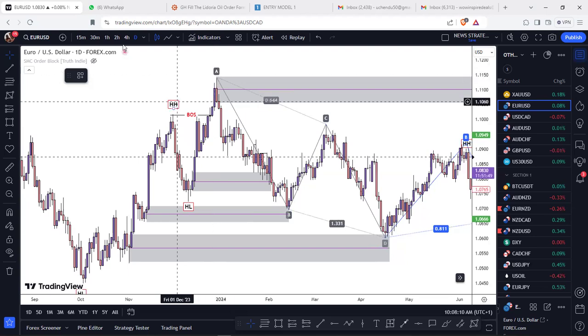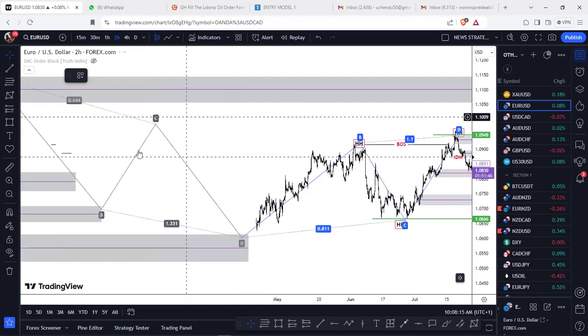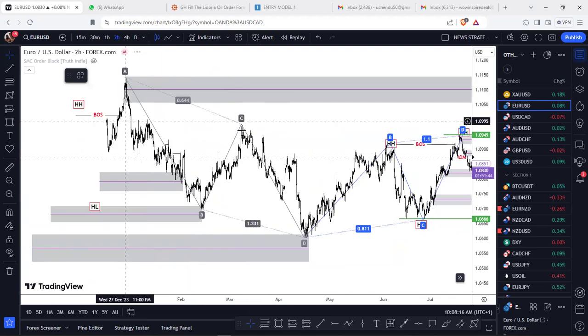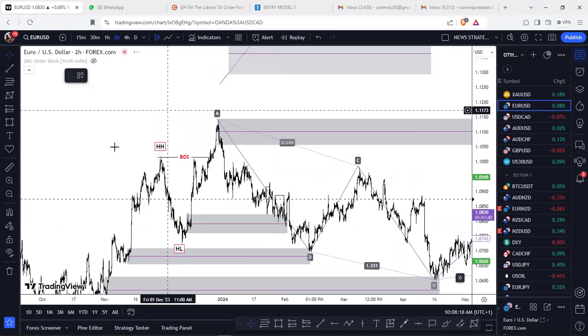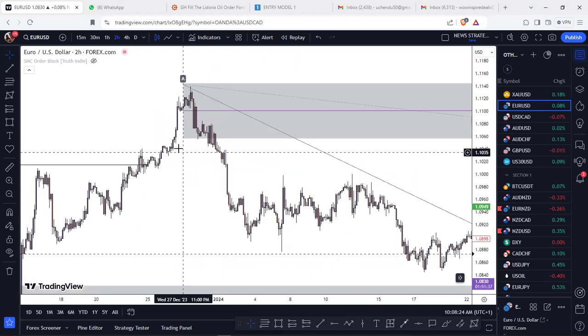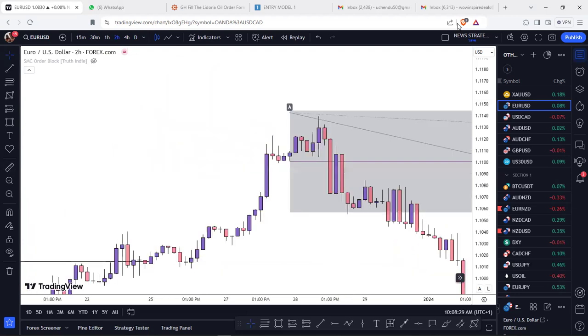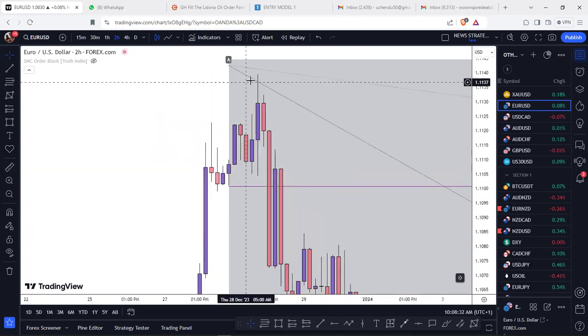Of course, price did that, because if you come to the 2-hour time frame, you can see that we had a 2-hour internal structure shift for us to confirm that this is now the new higher high for this particular trading range. You can see that price takes out this low, then pushes up before coming down.